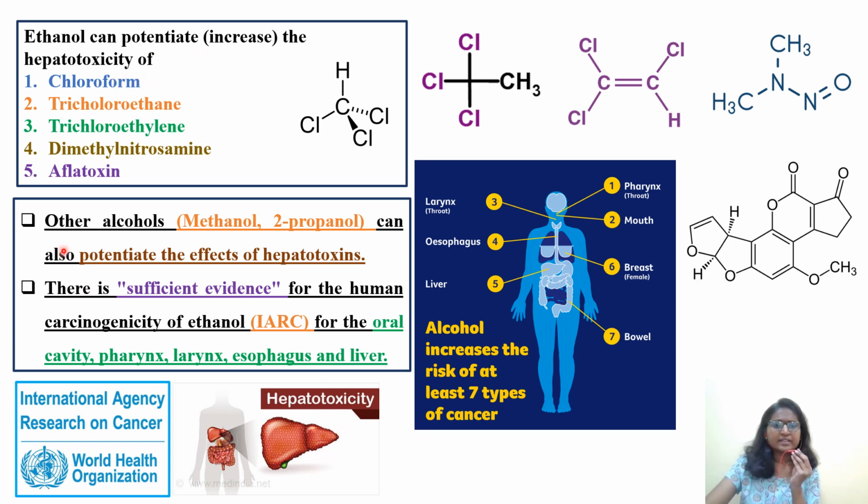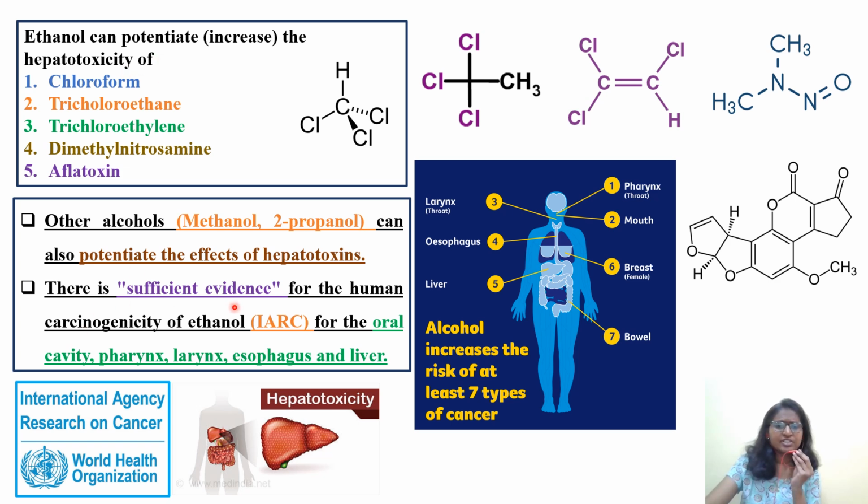Next, other alcohols, methanol and 2-propanol, can also potentiate the effects of hepatotoxins. So not only ethanol, but also methanol or 2-propanol (isopropyl alcohol) used along with these chemicals. If you find these options in your question, definitely choose the option potentiation or increase in liver toxicity, right?